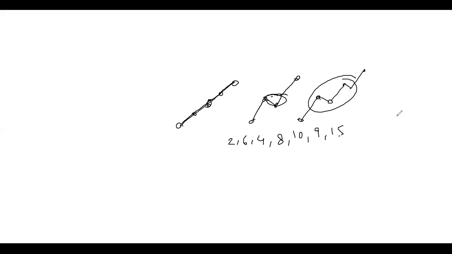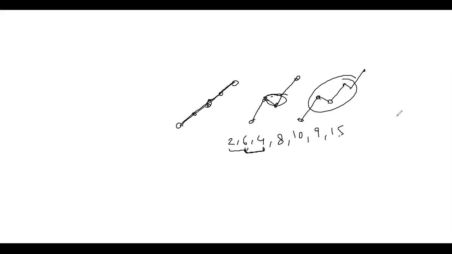When you are building something and nobody is getting kicked out, then you know that everything is in order. But in this case, after 2 you add 6, things are okay, but after 6 when you add 4, things are not okay. So you have to kick out 6 here.